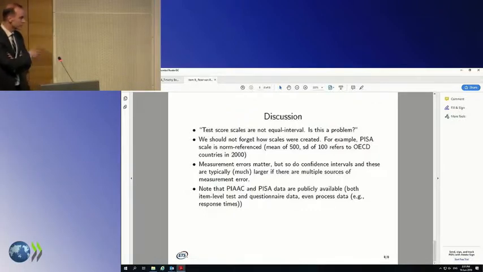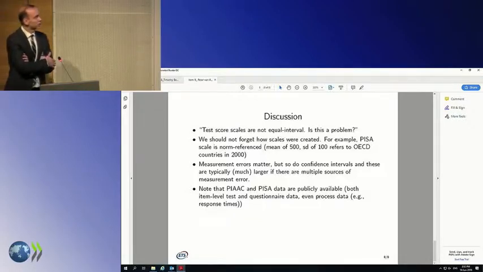I think in one of your last tables, if you compare that with the initial table that was reported, the confidence intervals are really large and basically wipe out any trend in terms of significance. That's where you really see the impact of taking into account measurement error.